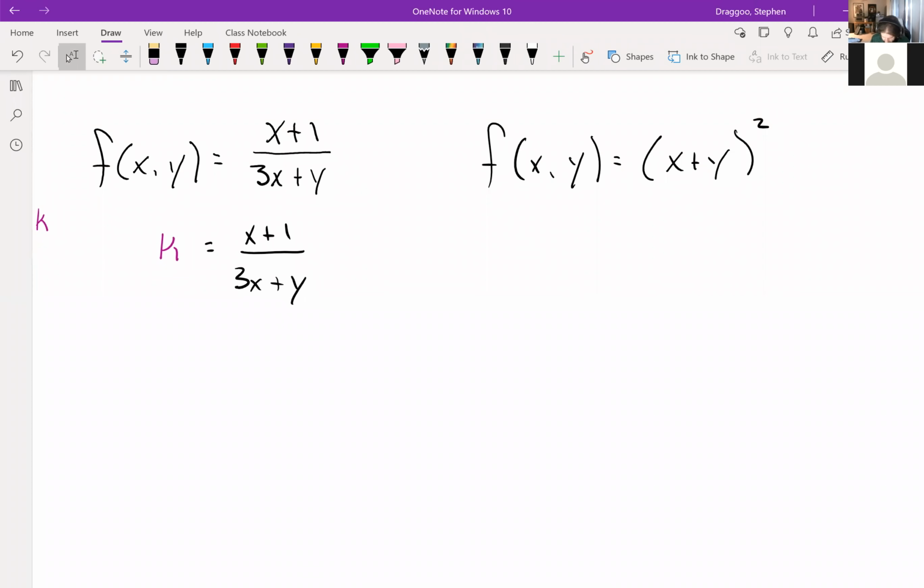Multiplying this thing over, I'll get k times 3x plus y equals x plus 1.